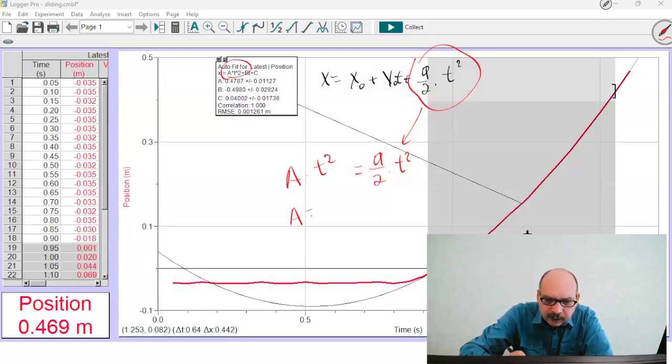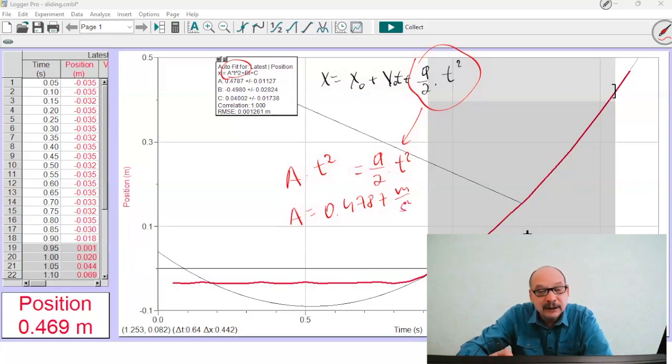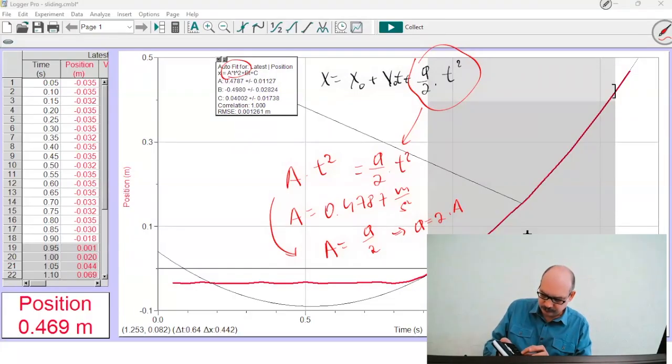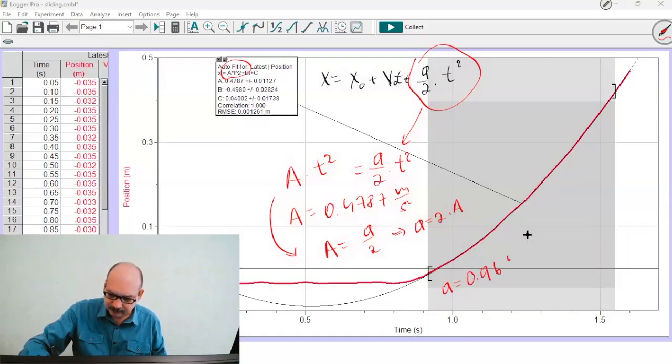The coefficient A has the unit of acceleration. It is not acceleration, but it's related to acceleration. If we solve this equation, we get A equals a over 2. Hence, acceleration equals 2 times A. So acceleration will be equal to 2 times 0.4787, which equals 0.96 meters per second squared.